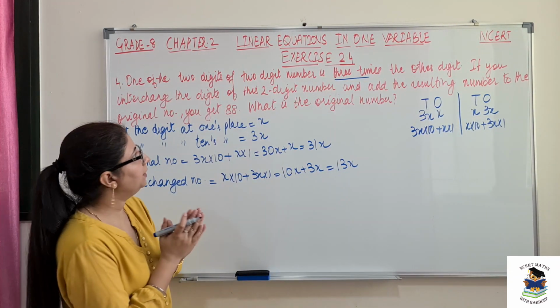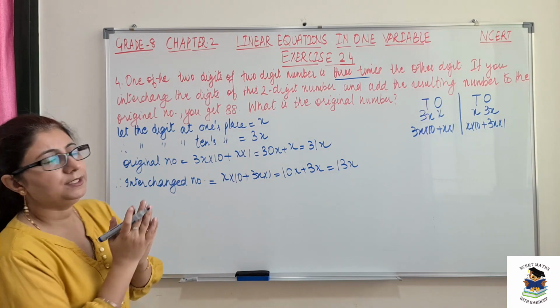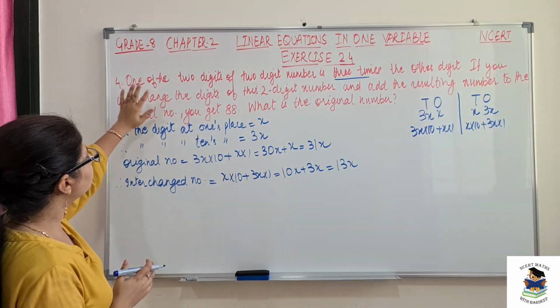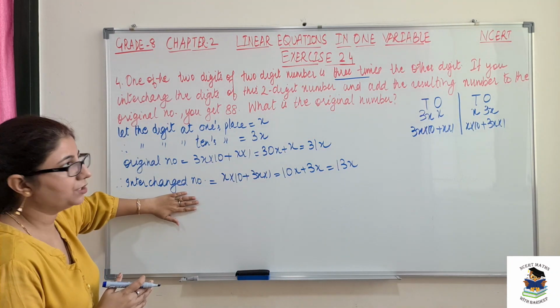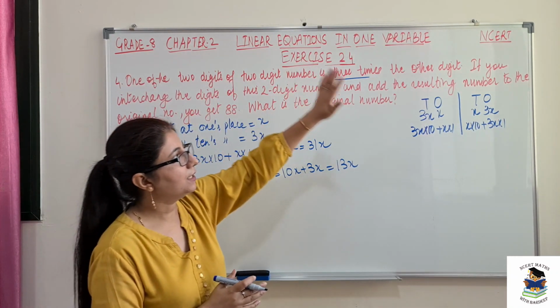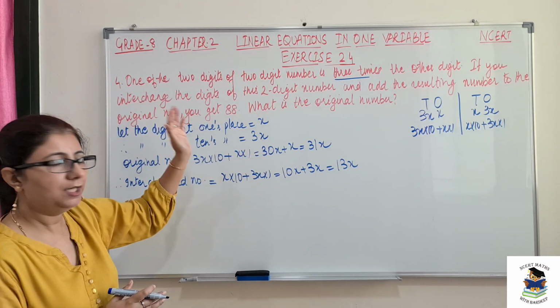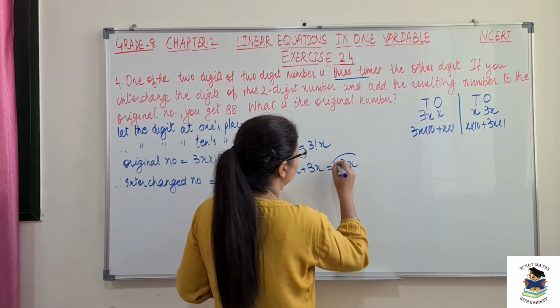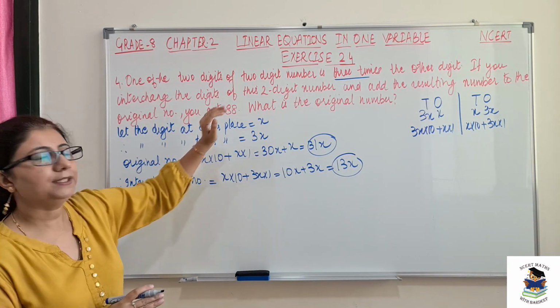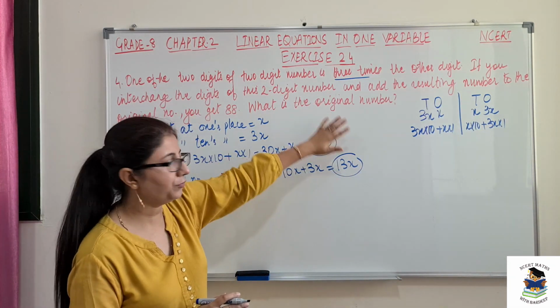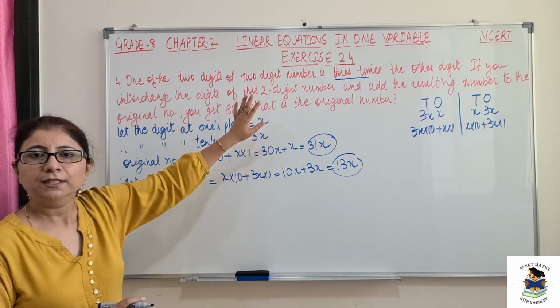So now what is the condition when we add these numbers? That is, if you interchange the digits of this 2-digit number, that is our interchanged number, and add the resulting number to the original number, means these two should be added, right? You get 88. That means the sum of these two numbers will be 88.